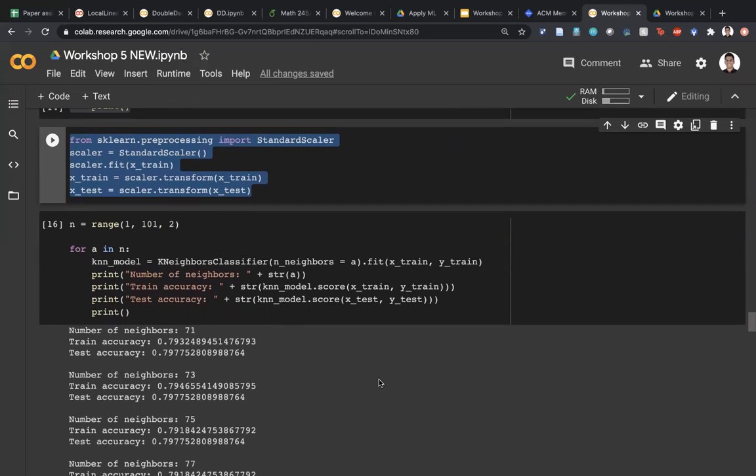How does scaling work with categorical features? Can KNN work generally with categorical features? Great question, Kyle. If you remember in one of our previous workshops, we mentioned that machine learning models don't handle categorical features directly.